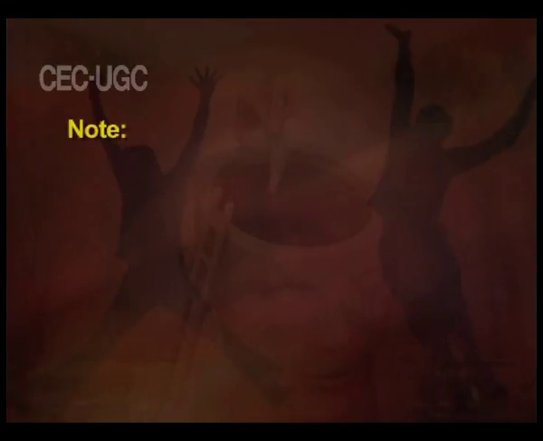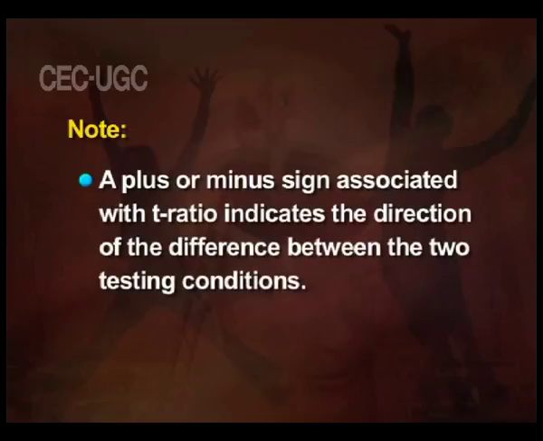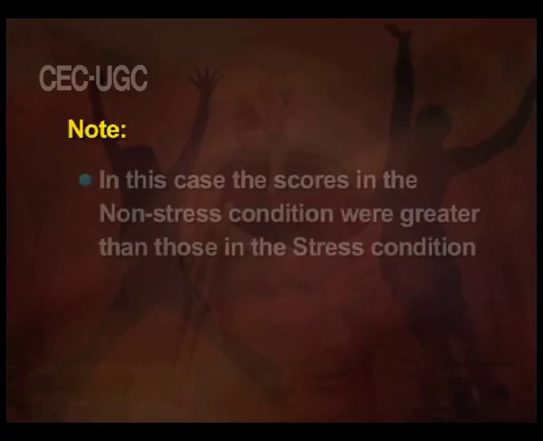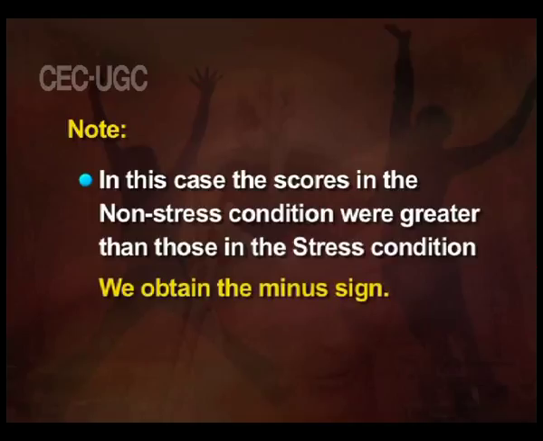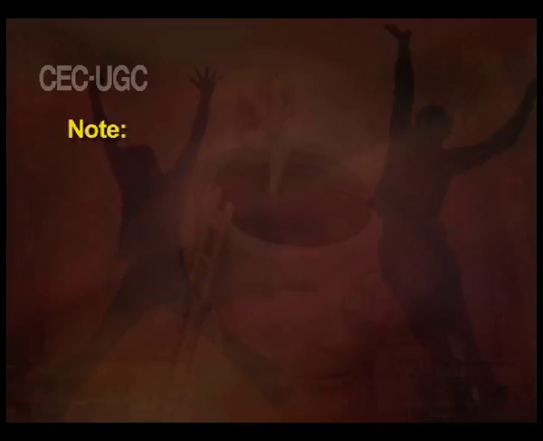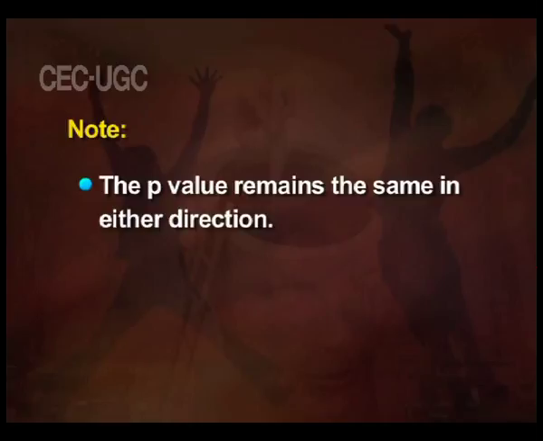Please note that a plus or minus sign associated with t ratio indicates the direction of the difference between the two testing conditions. In this case, the scores in the non-stress condition were greater than those in the stress condition, and therefore we obtained the minus sign. The p value remains the same in either direction.